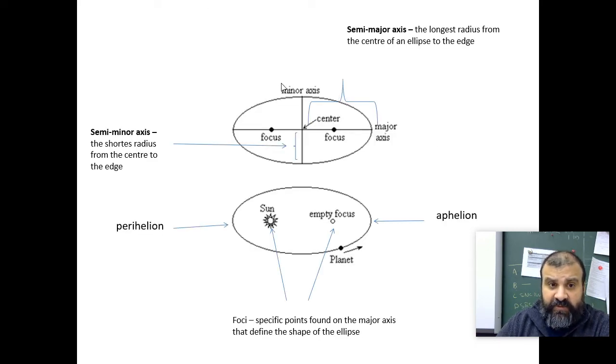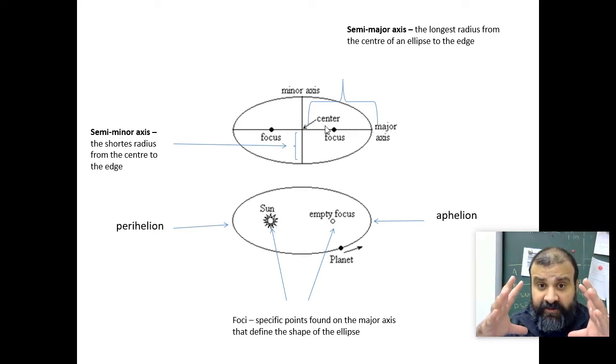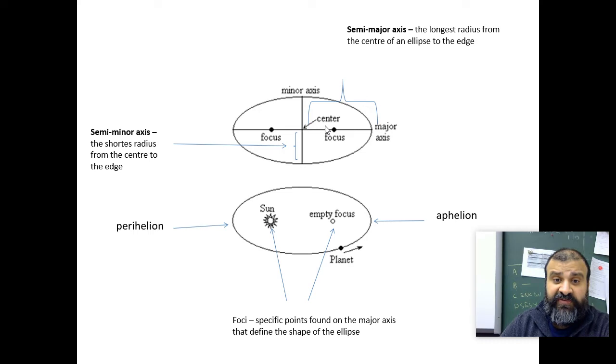So when we talk about an ellipse, here is the overall shape. Again, we have to keep in mind that ellipses can vary in how squashed they are. If they're a perfect circle, well, you know what a perfect circle is. But if they're an ellipse, they've got what we call a major axis, that is the long axis here.